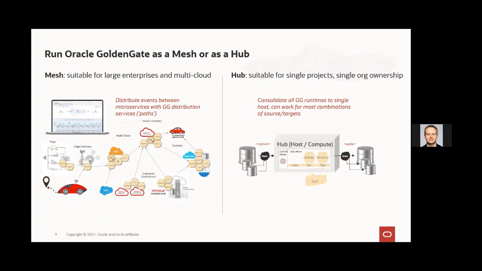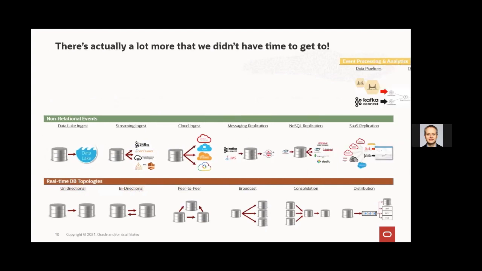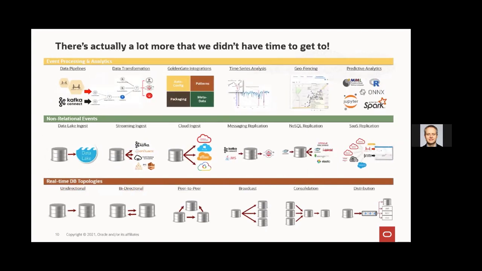And with this support, it's easy to implement part of the data mesh strategy. Or you can use the classic approach with hub and spoke architecture for the real-time data integration use cases. So it's a very brief introduction of GoldenGate.